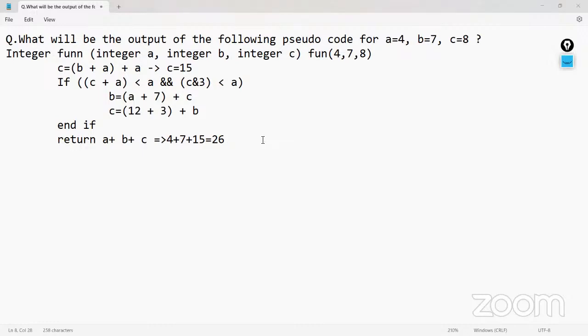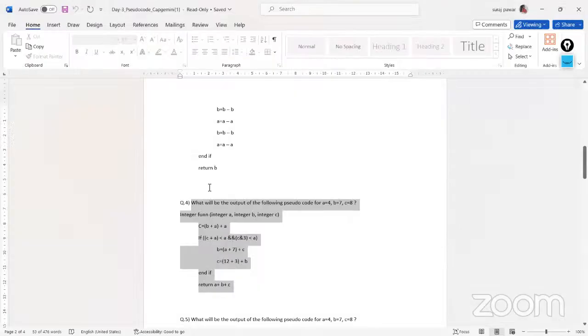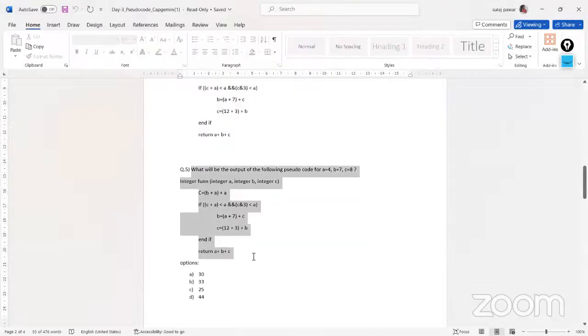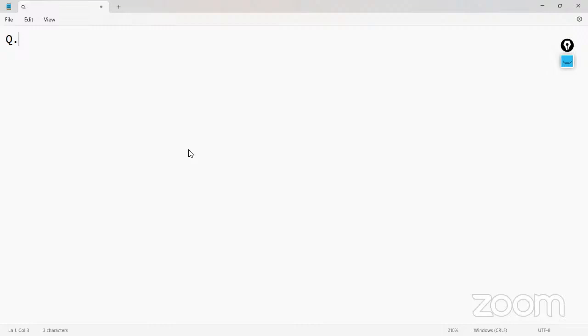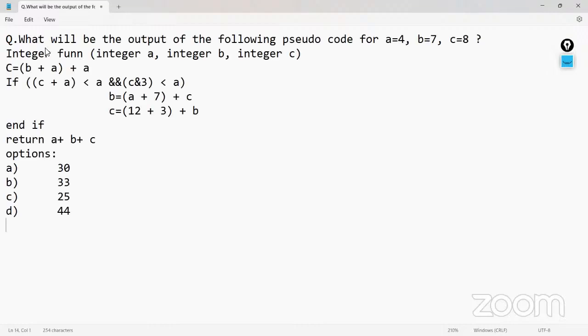Here we are. Now we have the options for this. Let me just arrange it. Yeah, this one we just now got written. I guess there is some mistake here.